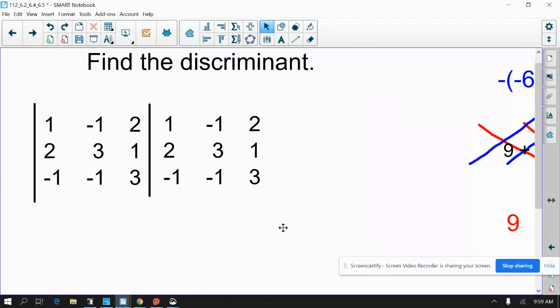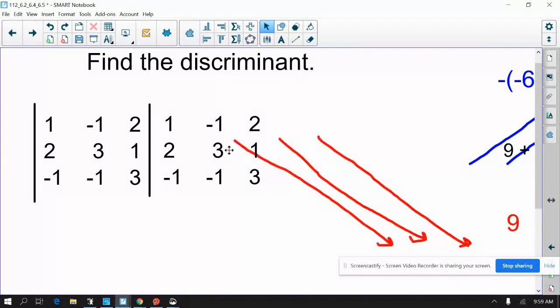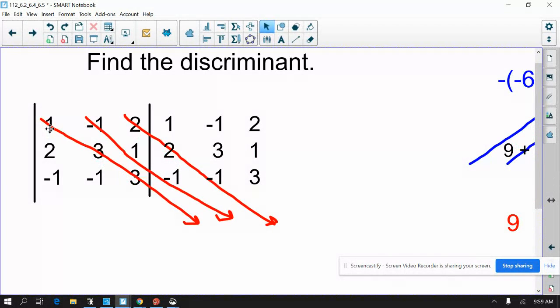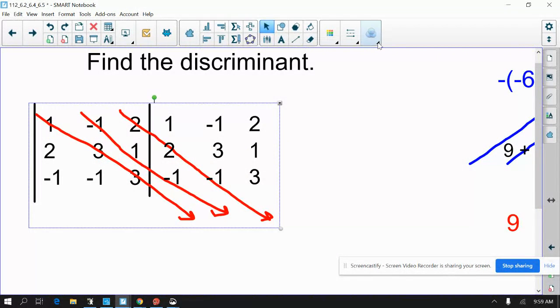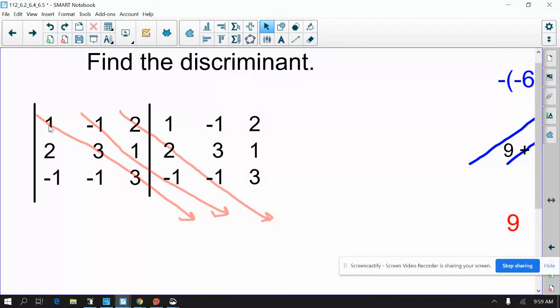And then we will do our arrow method. So first with the red arrows going down. 1 times 3 times 3 is 9. Negative 1, 1, negative 1 is positive 1. 2, 2, negative 1 is negative 4. So these three numbers I'm adding together.